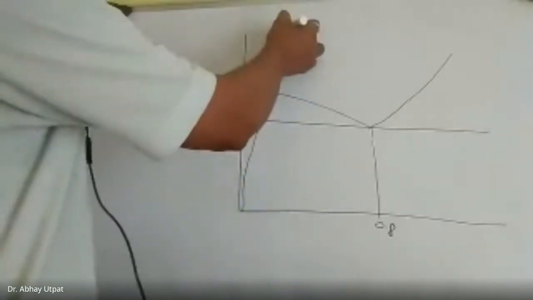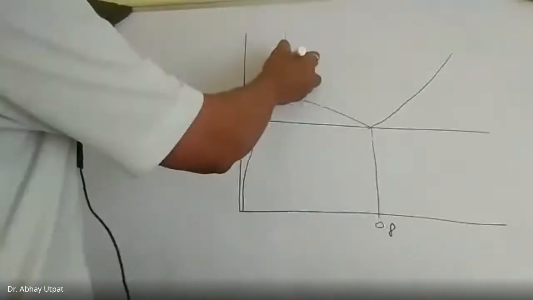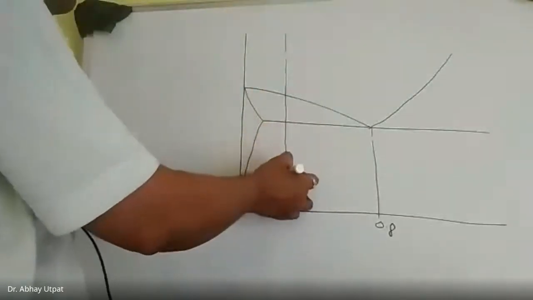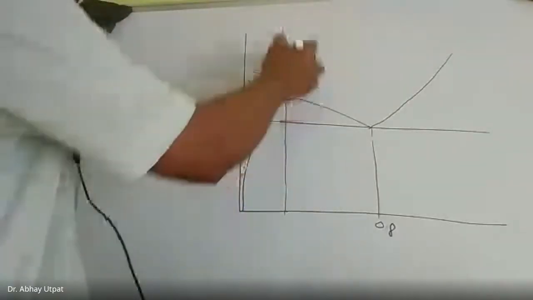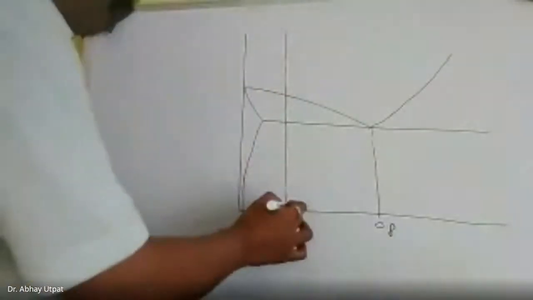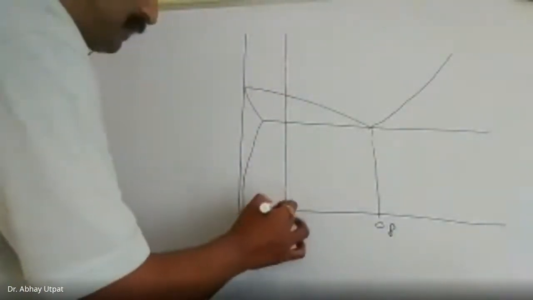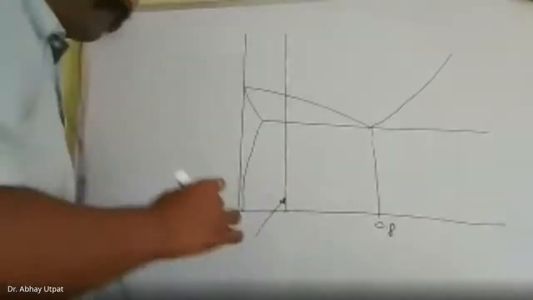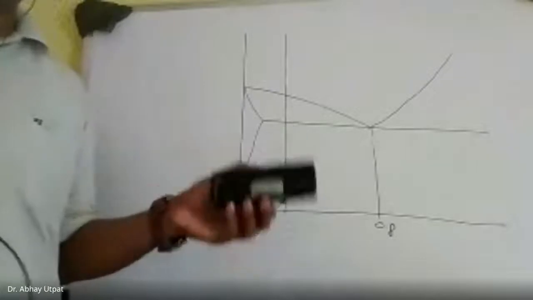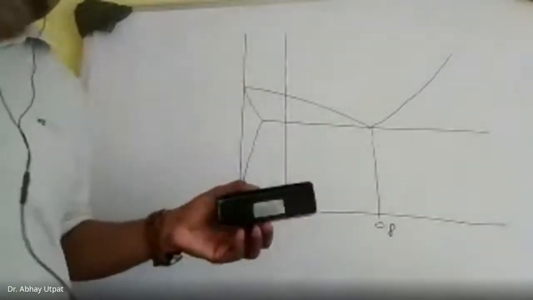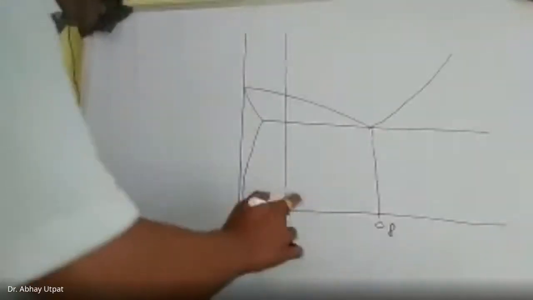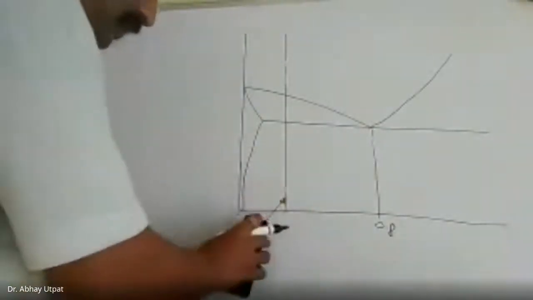Very faint line. You are at this point. Suppose this is a steel. It is having 0.2% carbon. What microstructure does it show? I will show on the right side.